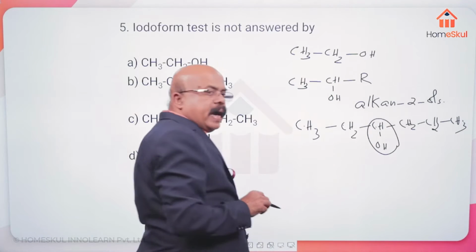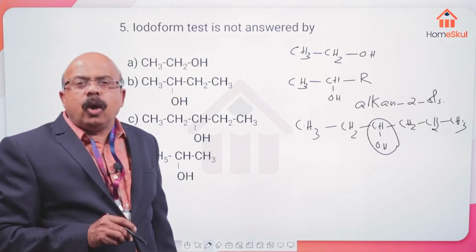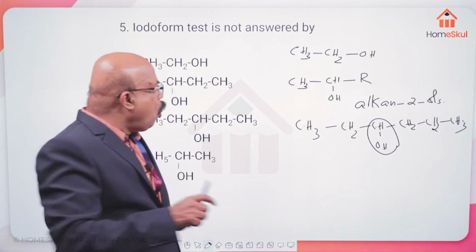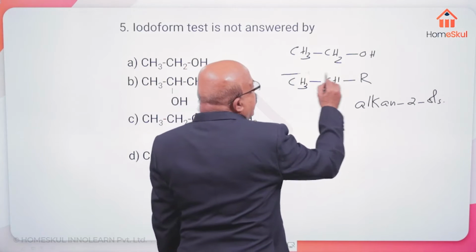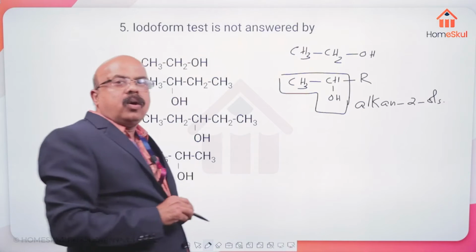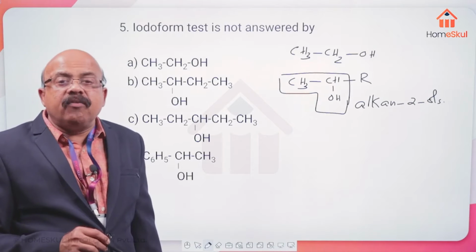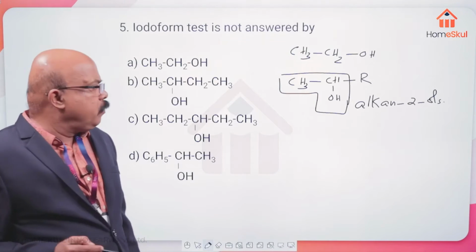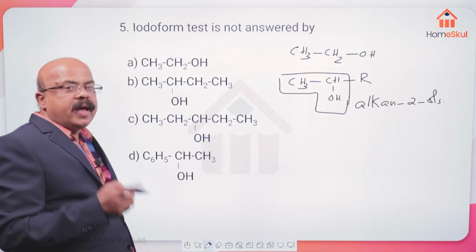So remember, among the different secondary alcohols, only alkan-2-ols, or you can say any secondary alcohol containing the CH3CHOH group, can give haloform. Here it is iodoform, on treatment with iodine and alkali.